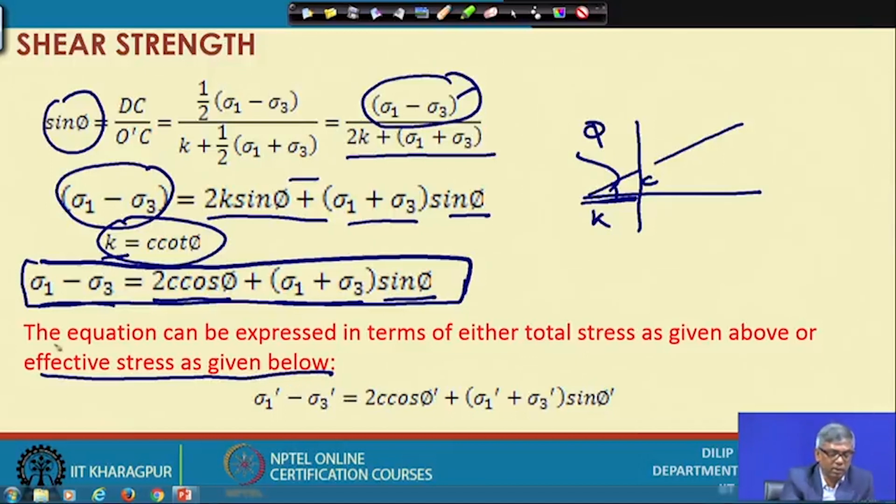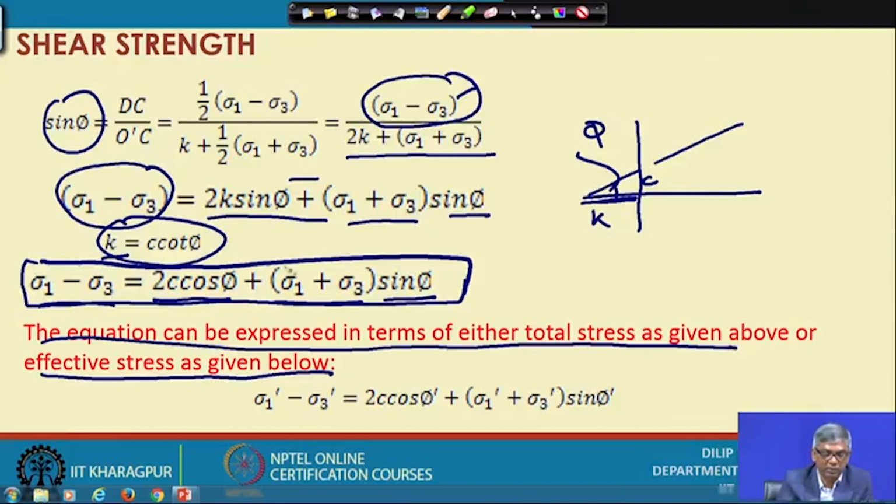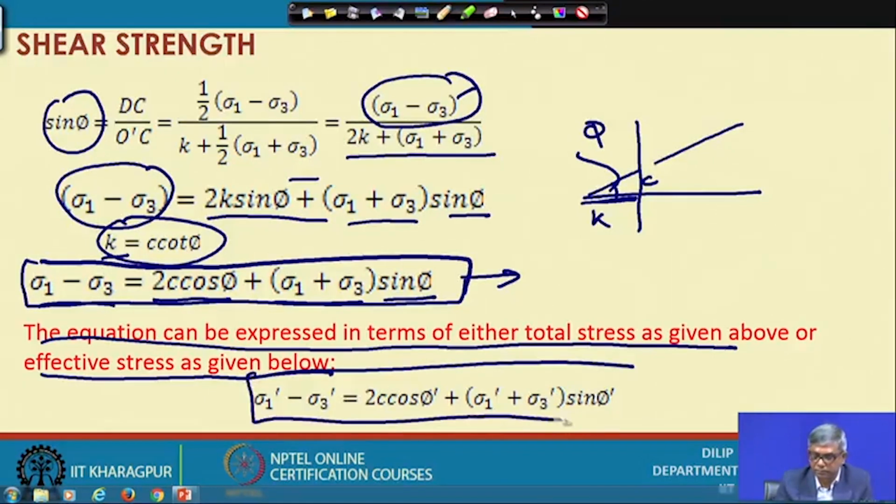That means we can express it in either total stress form, the one without prime, or if I express it in terms of effective stress form, I will get this equation. So, these two important expressions will sometimes be useful.